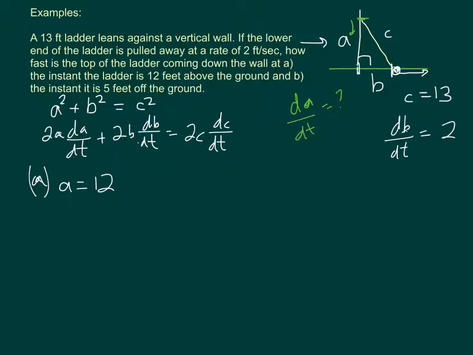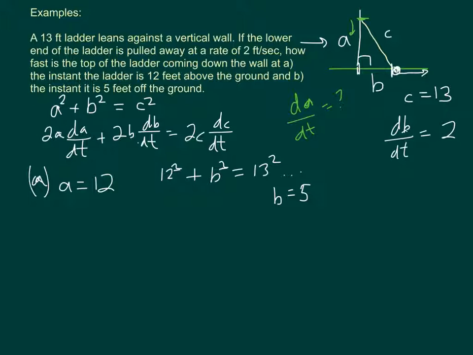We just got to find B. And so if I plug that back into my Pythagorean theorem, we know 12 squared plus B squared is going to equal 13 squared. That's another famous Pythagorean triple. So if you solve for that, you'll find B equals 5.